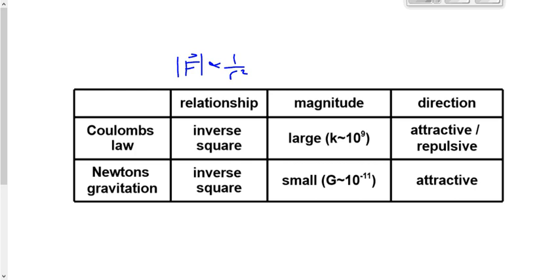You know how we remember that? We remember that because the constant for gravity is 10 to the minus 11, and the constant for electricity is 10 to the positive 9. So all other things being equal, that constant will make the electric force quite a bit bigger than the gravitational force, right?